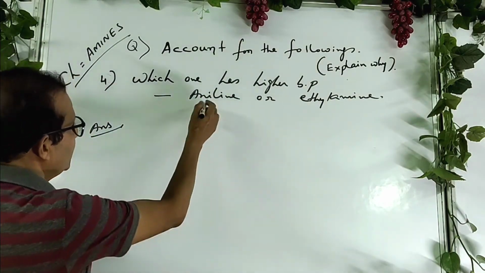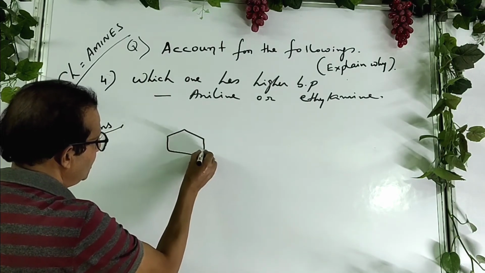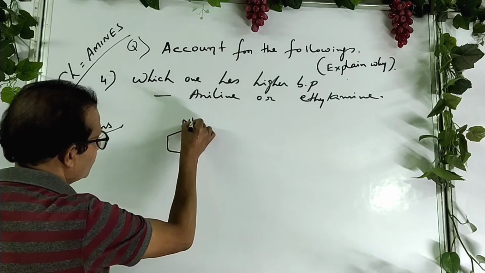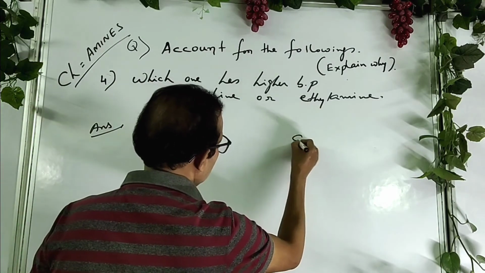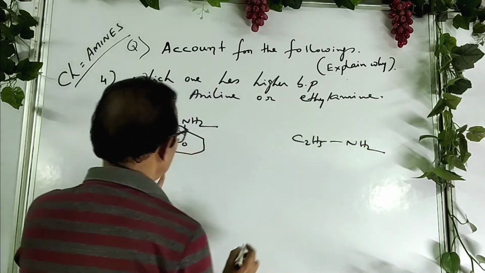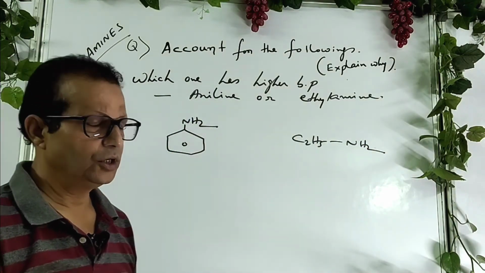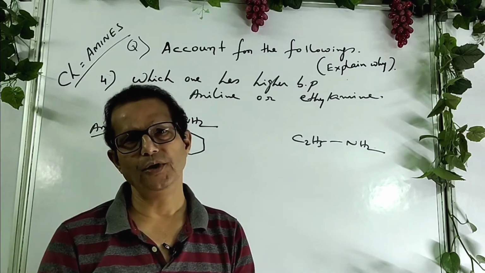Answer: at first, draw the structure, okay. This is aniline, this is ethylamine. Now see, both of the compounds contain a nitrogen-hydrogen bond, so both form hydrogen bonding.